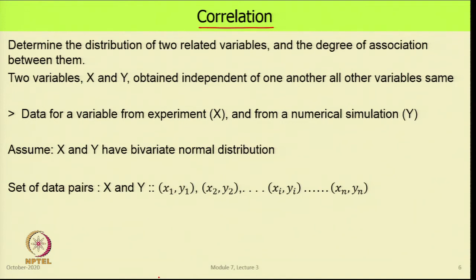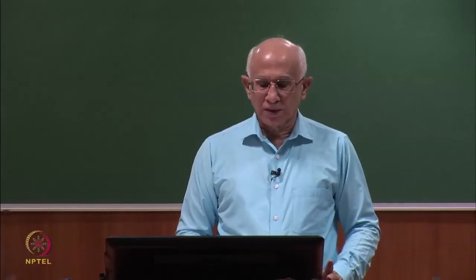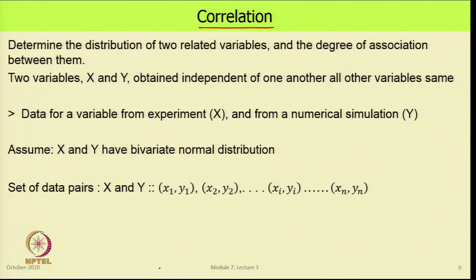It is quite distinct from what is a regression. What it does is determine the distribution of two related variables and the degree of association between them. So, we are not doing a linear fit per se, or any other type of a fit, but we are saying I have two sets of numbers and what is the degree of association between them.